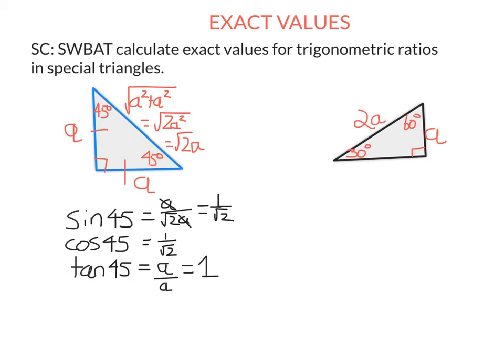Using Pythagoras, this side here would be the square root of the hypotenuse squared minus the shortest side squared.